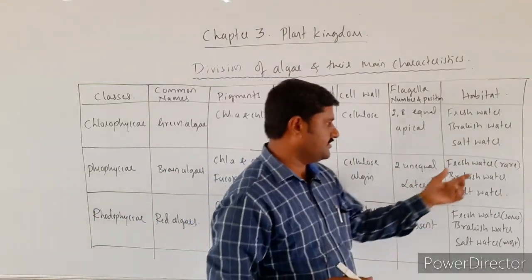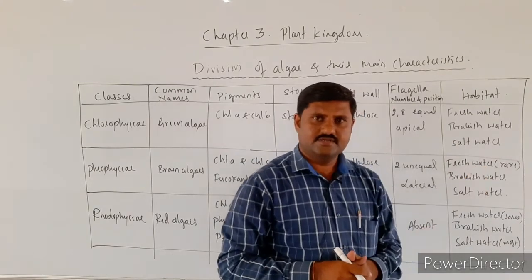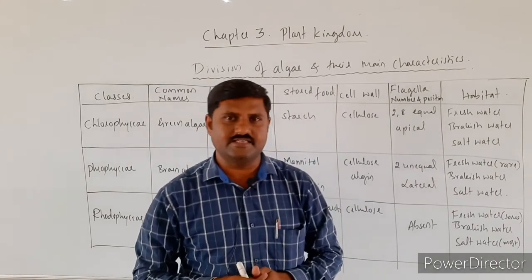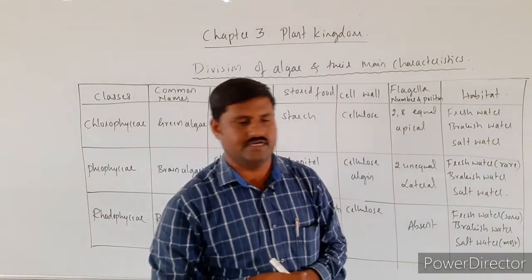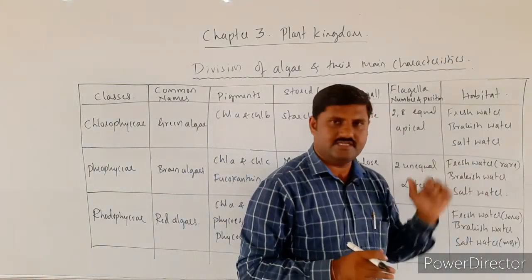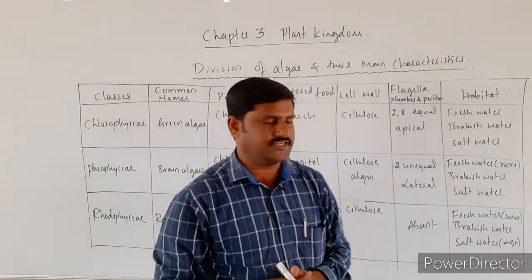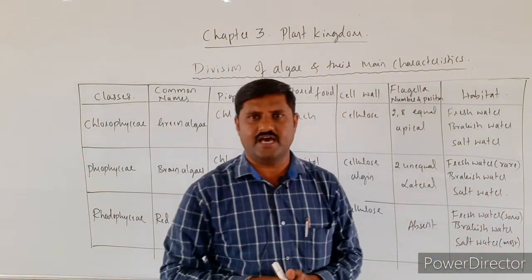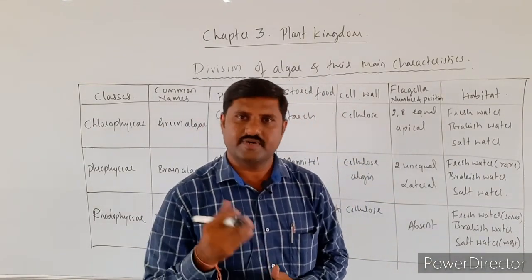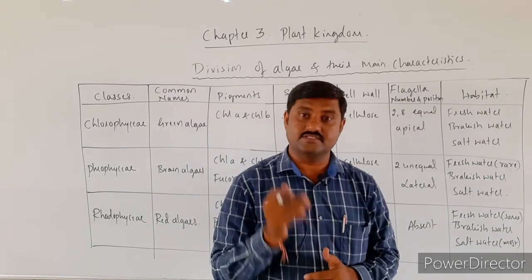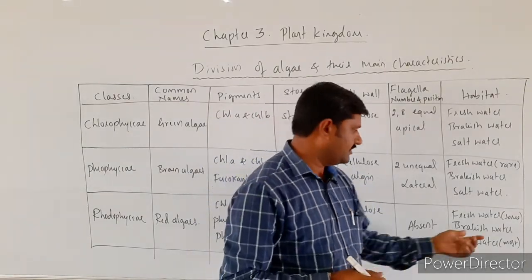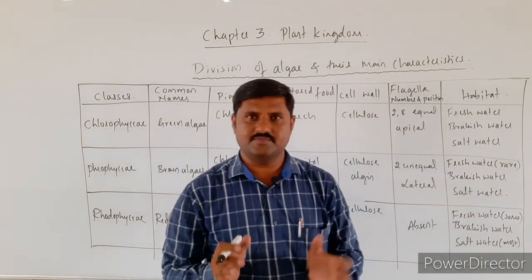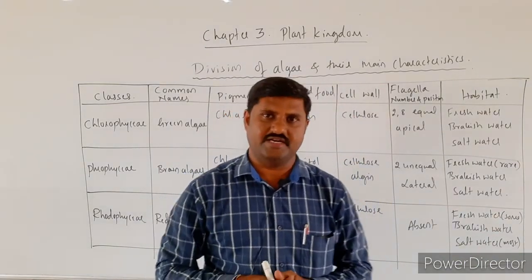Next one is brown algae. A very rare number of brown algae are seen in fresh water, and the majority of them are seen in marine water as well as brackish water. And the last one: a very few number of red algae are seen in fresh water, but the majority, as we have considered in theory, grow in salt water, that is marine in nature, and some are brackish water inhabitants, right?